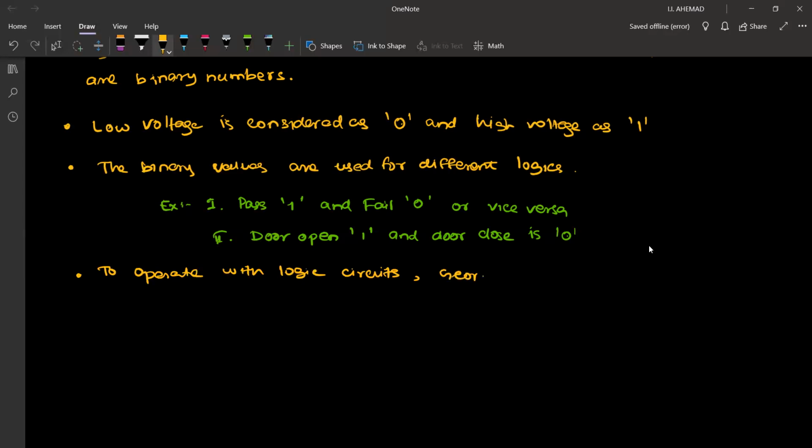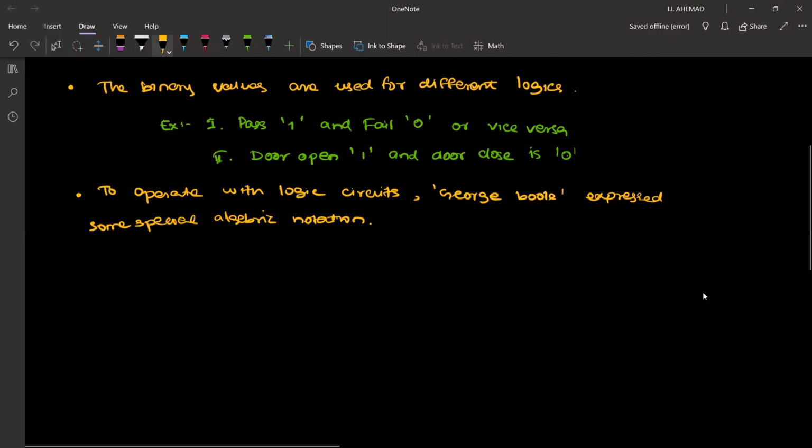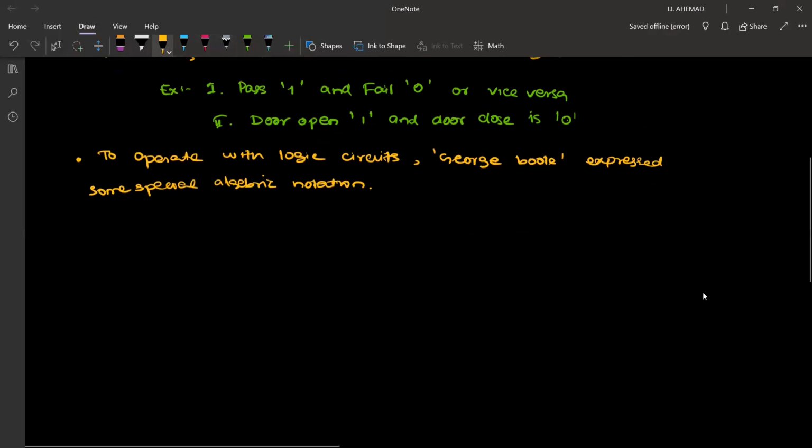George Boole expressed a special algebraic notation, and it is known as Boolean algebra.